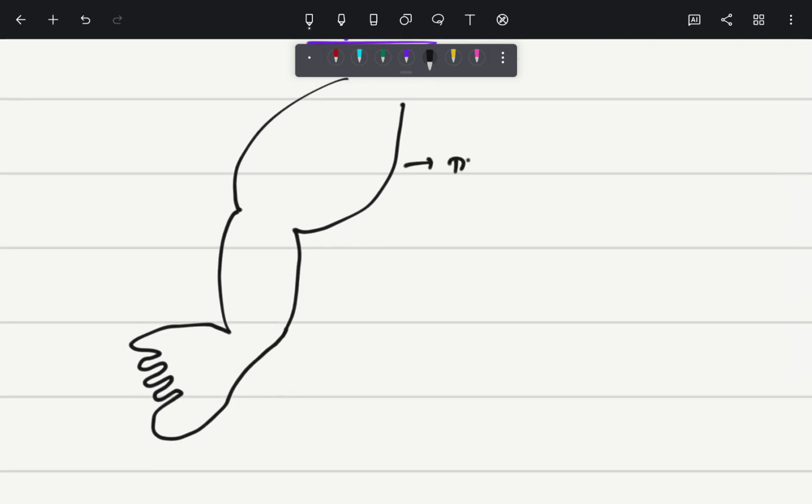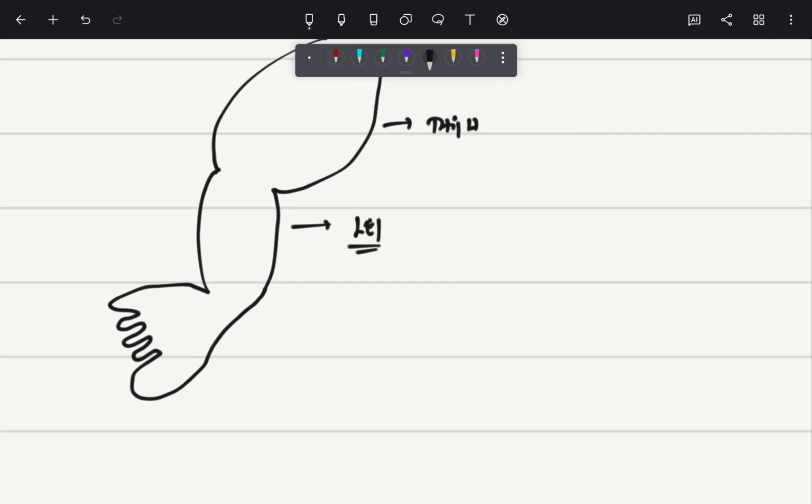So this is the thigh and this is the leg. So usually this leg is divided into two parts. One is your anterior compartment and the other one is your posterior compartment.